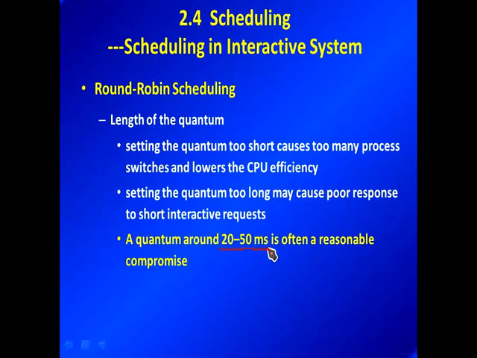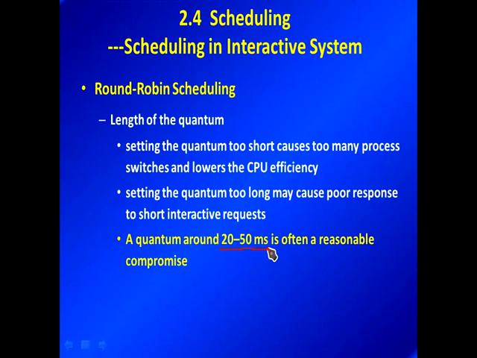Every process gets into the CPU for one quantum, leaves the CPU and waits for the next round. So this is called round robin scheduling. While you are doing the assignments at the end of this PowerPoint, you can check that we set a problem about round robin scheduling, and it's better for you to put them on the time axis relevant to the CPU, just as I showed a few minutes ago.